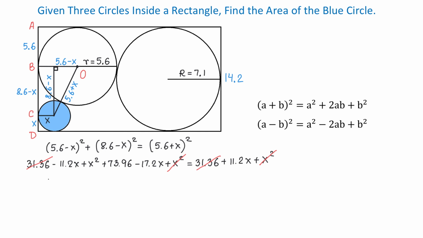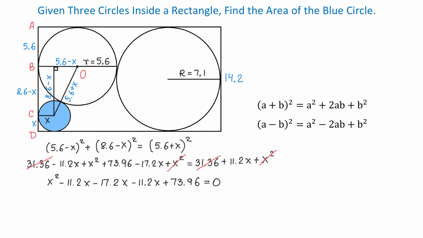First, let's bring down x squared, then minus 11.2x, then minus 17.2x. Then if we subtract 11.2x from both sides, we will have minus 11.2x and plus 73.96 equals 0.